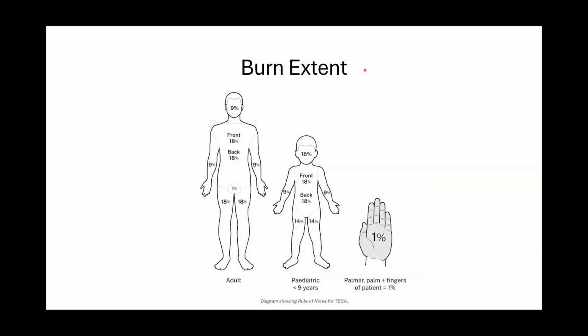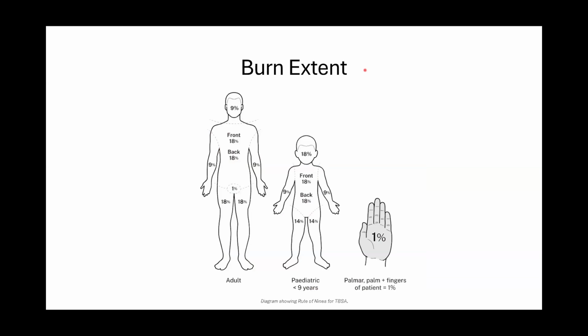Burn extent is going to be the amount of area on the body that's actually burnt, surface area. And so we have what we think of as the rule of nines. We see here examples of how that might look. Many different places can change these numbers, you might have different age groups, and some of these numbers might shift.